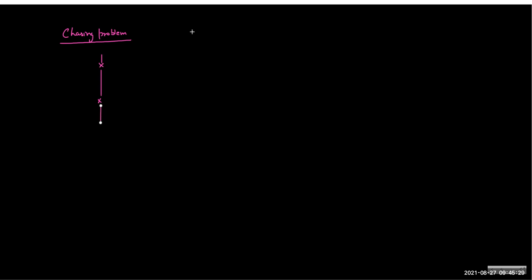Both will be moving in the same direction like this. Let's say the first particle has velocity u1 and acceleration a1. The second particle has velocity u2 and acceleration a2.